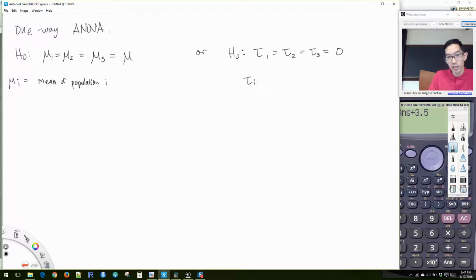And tau sub i is equal to the effect of group i. So it could be expressed either way here. And then the alternative is at least one mean is different, and over here the alternative is at least one group effect not 0.